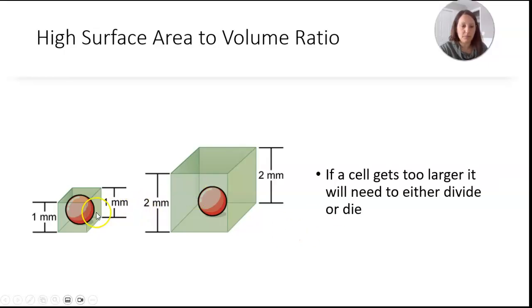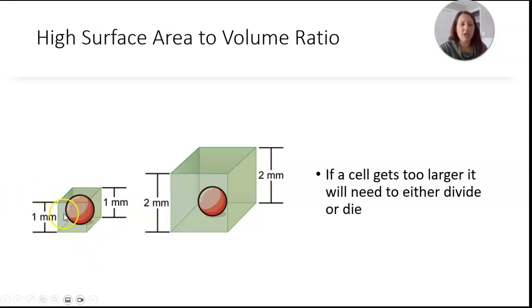And so I just want to give you a relative idea here. So these are two different cells, right? They have two different surface to volume ratios. And so this smaller cell has a high surface to volume ratio. So it's got enough membrane, right, where it can bring stuff in and get rid of stuff pretty quickly.